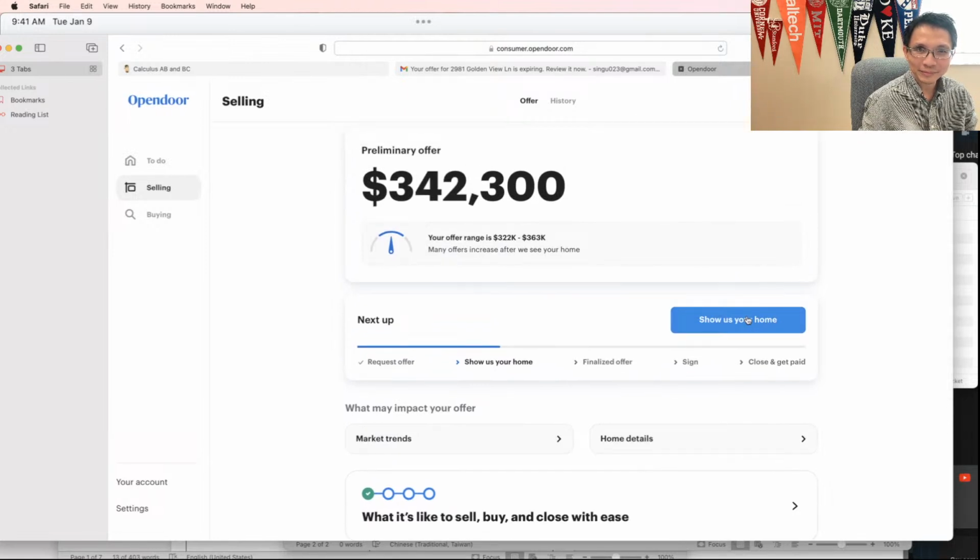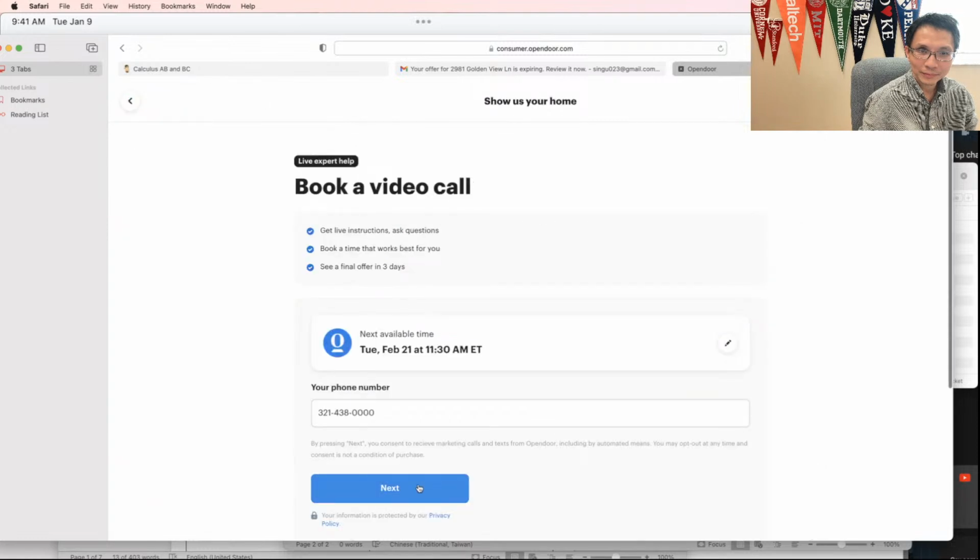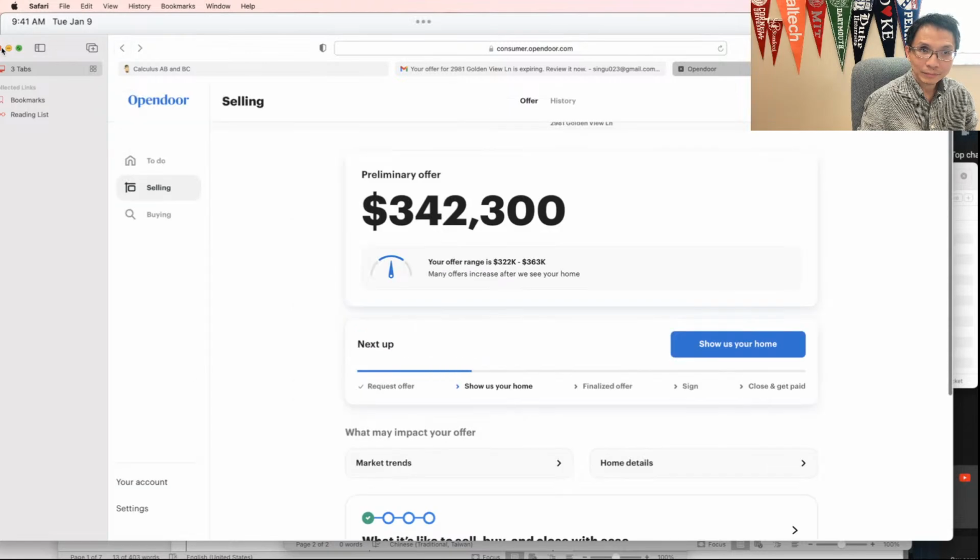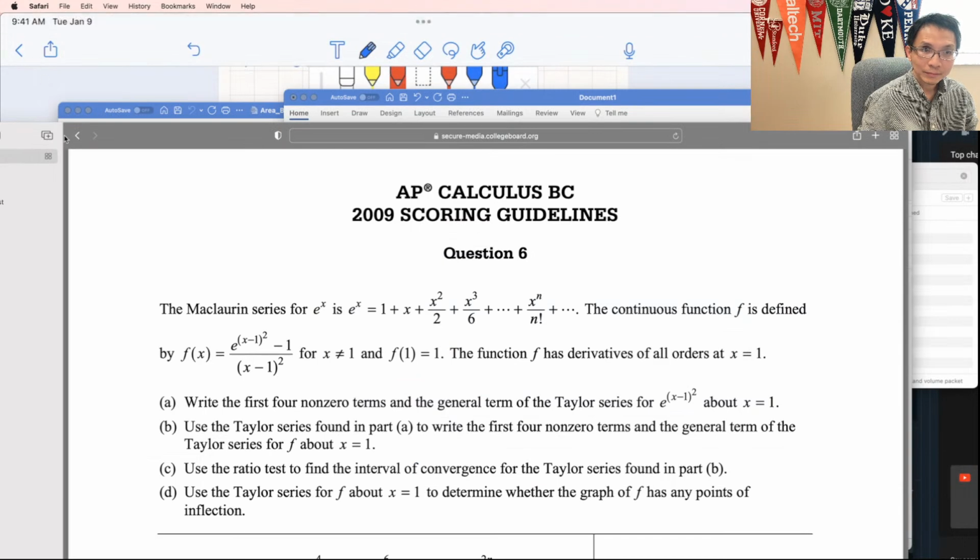When did I say no? For eight. Wait, right, first four terms. Wait, no, so then you just combine. How many? That's a summation. That right there is a summation.